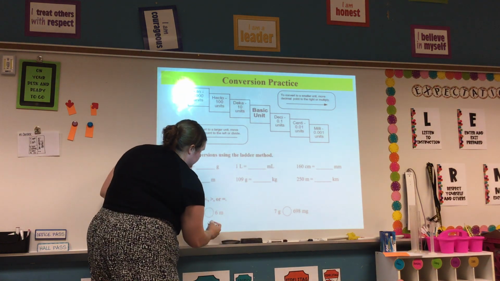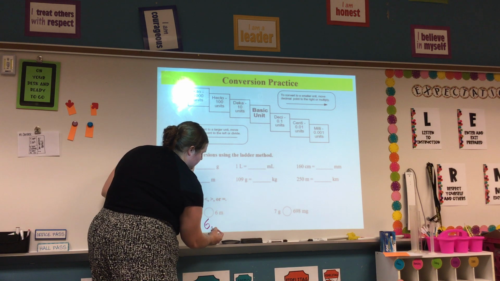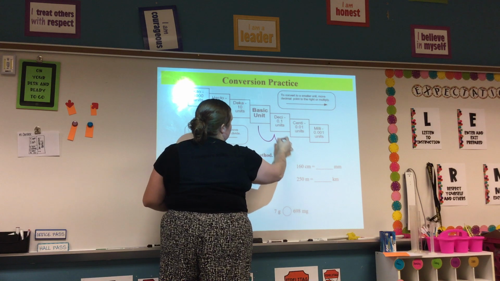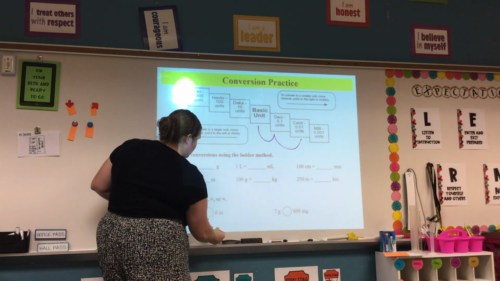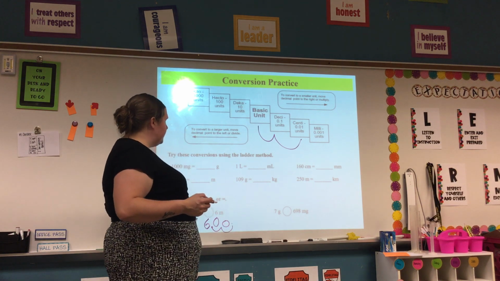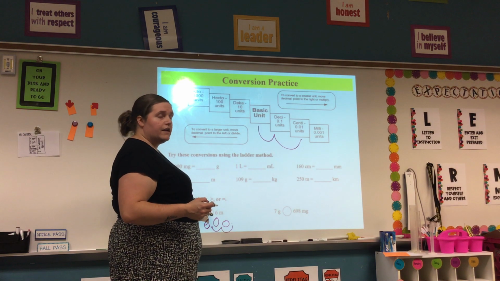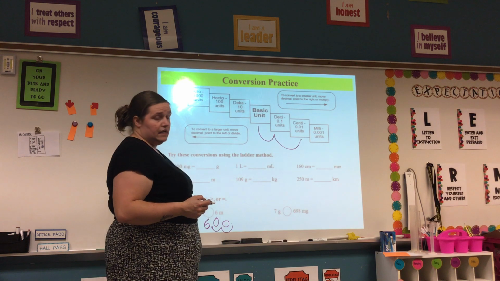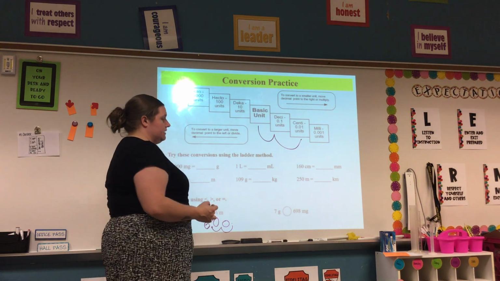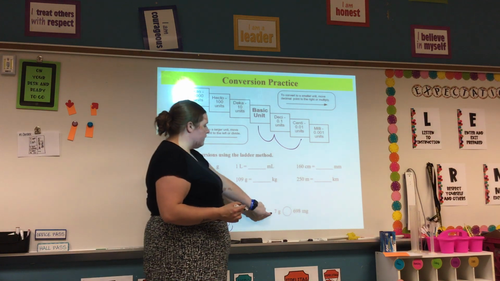So I'm going to take 6 meters, remember my decimal would be at the end, to go to centimeters. So meters is here, so 1, 2, 1, 2. So it's asking you, is 56 centimeters less than, greater than, or equal to 600 centimeters? Okay, and 56 centimeters is less than. 600 is much bigger.